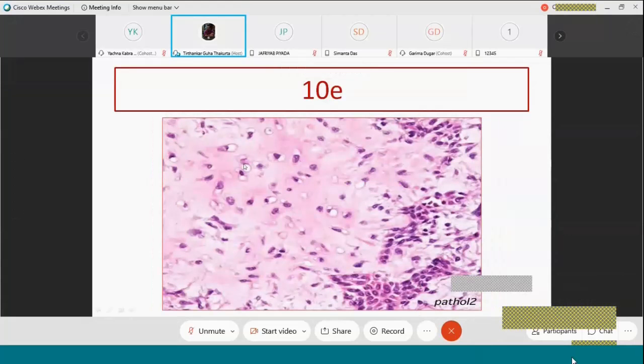When these two components are present together in the tumor, it is identified as pleomorphic salivary adenoma.